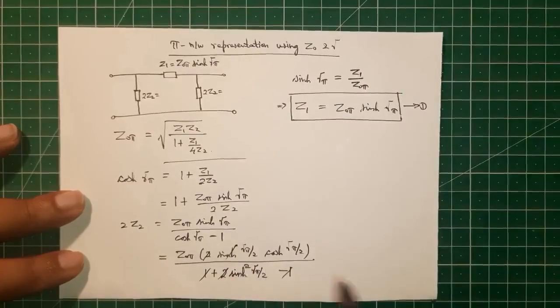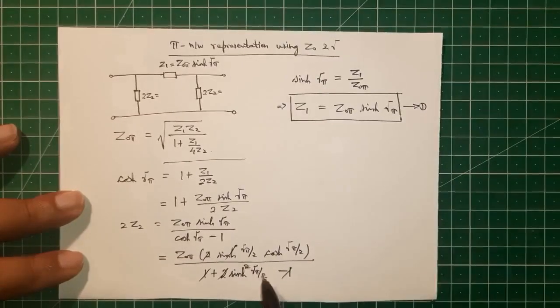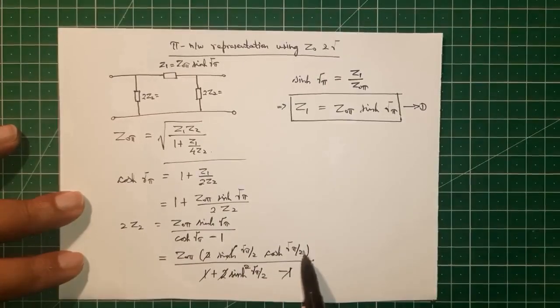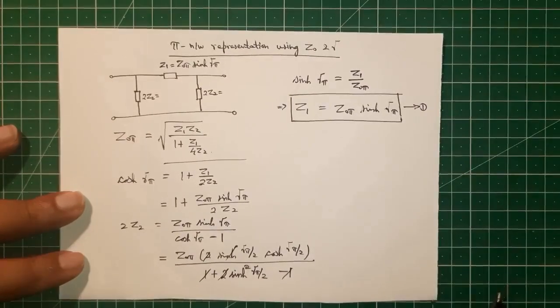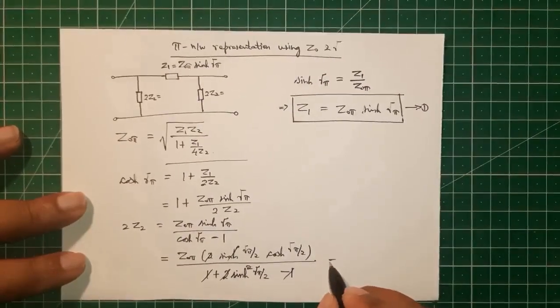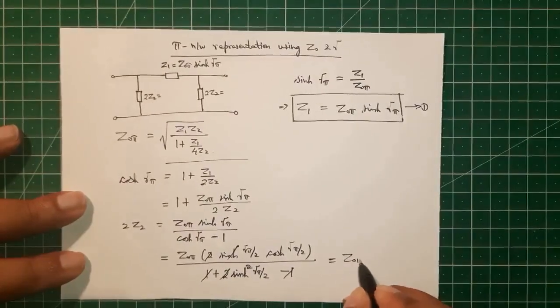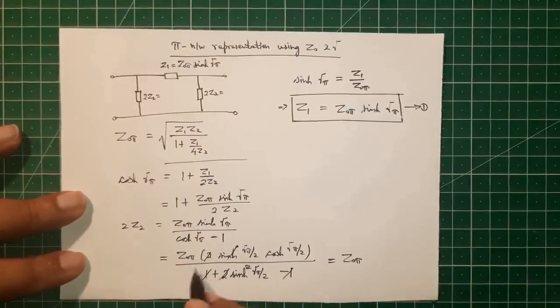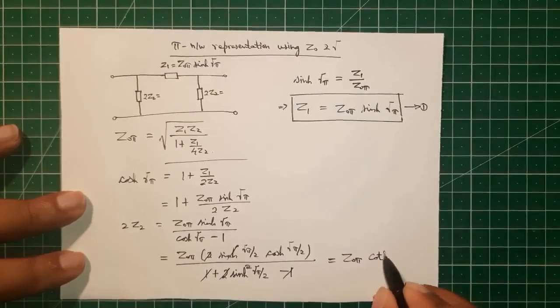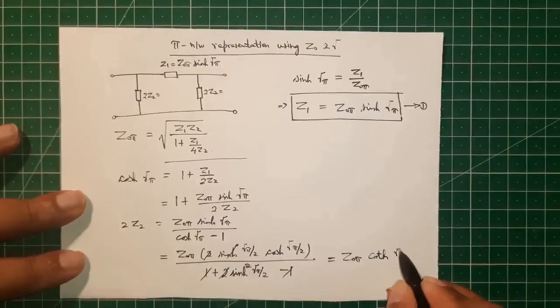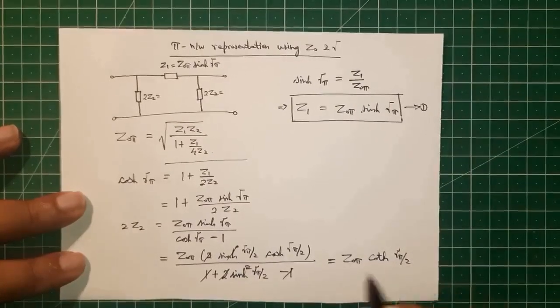So we have Z0 pi into cosh gamma pi by 2 divided by sinh gamma pi by 2, that will be coth gamma pi by 2.